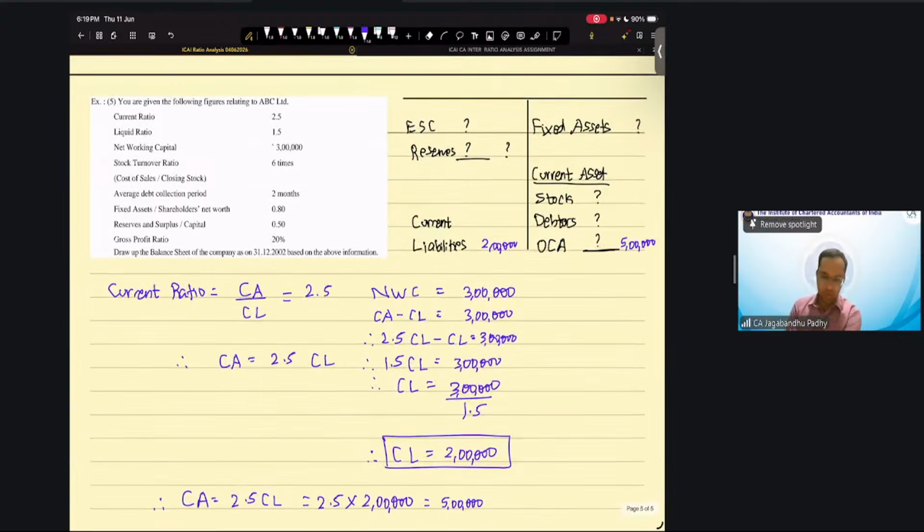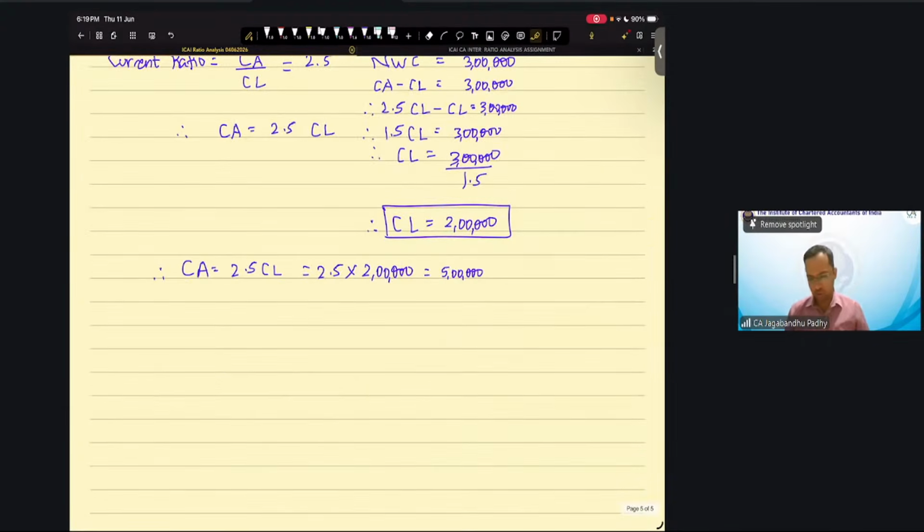Now let's go for the other aspects. We have used the current ratio, we have used the net working capital. Now it's time for us to use the liquid ratio, or quick ratio.